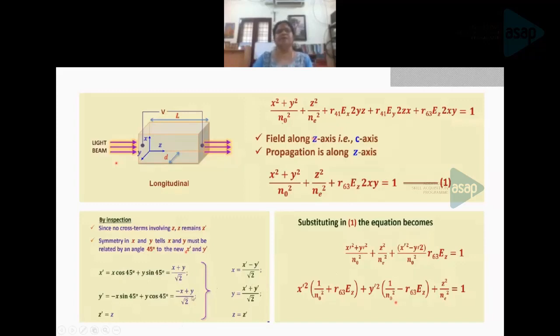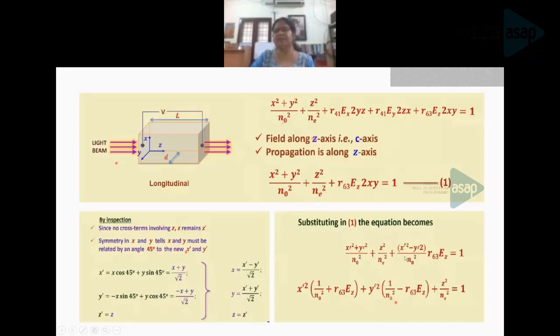From these equations, find out the inverse transformation equations, that is X equal to (X prime minus Y prime) by root 2, Y equal to (X prime plus Y prime) by root 2, and Z equal to Z prime. Apply these three equations in equation number 1 and simplify, you will get this equation.